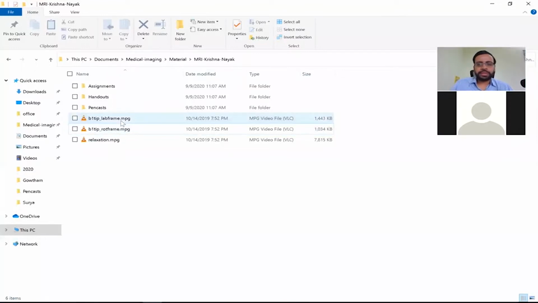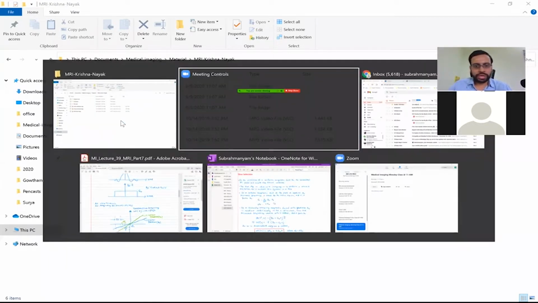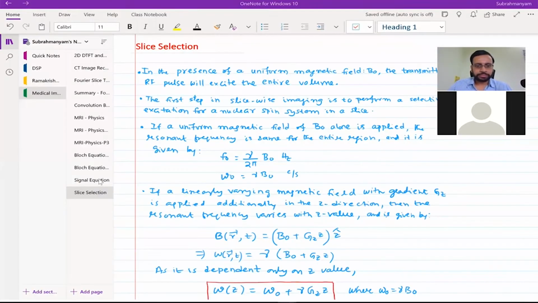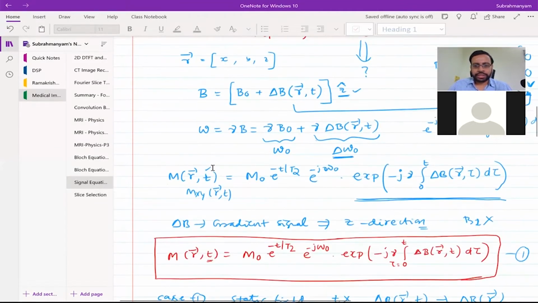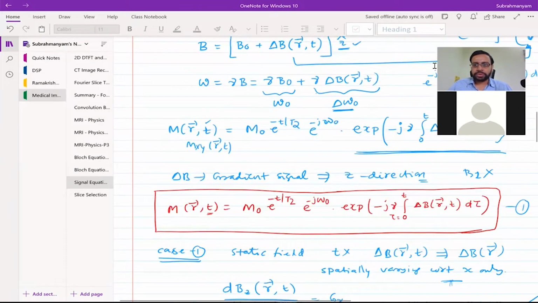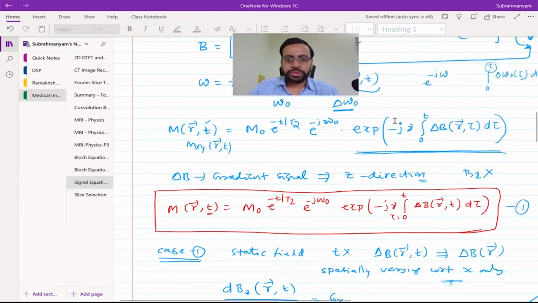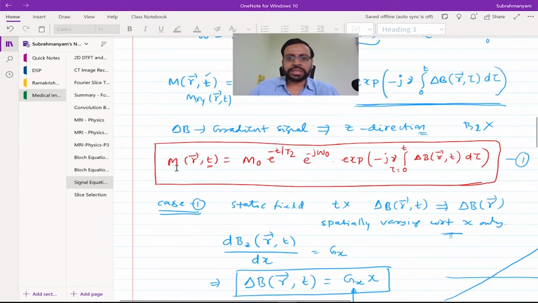So for example, again, if you recollect from our previous classes, even from the signal equation, if you look at it, this is the signal M of r bar comma t. If you look at this magnetic field, not the signal, it's the magnetic field. Okay, there is t missing here. In this there should be e power minus j omega naught t.